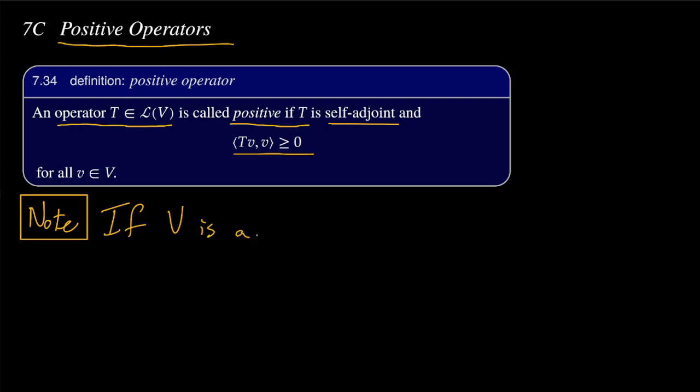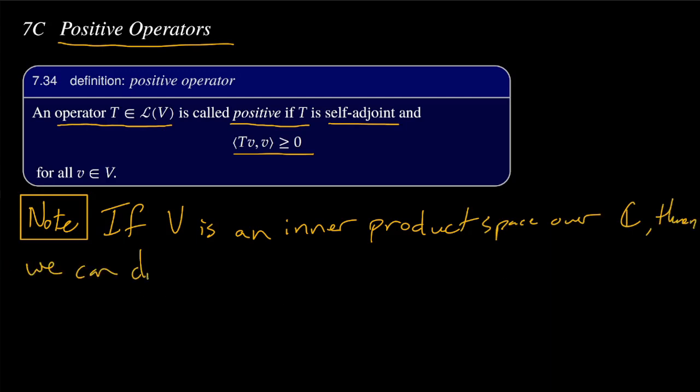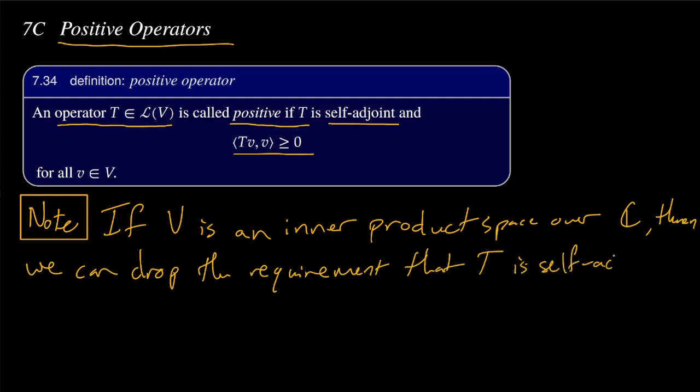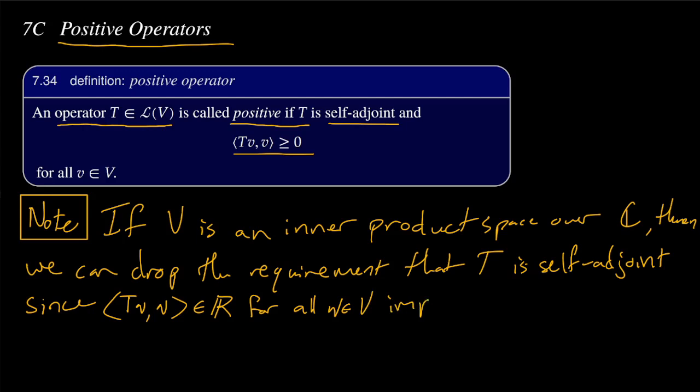If V is an inner product space over the complexes, then we can drop the requirement that T is self-adjoint, since having the inner product of T v with v in R, for all v in V, implies this in that case.